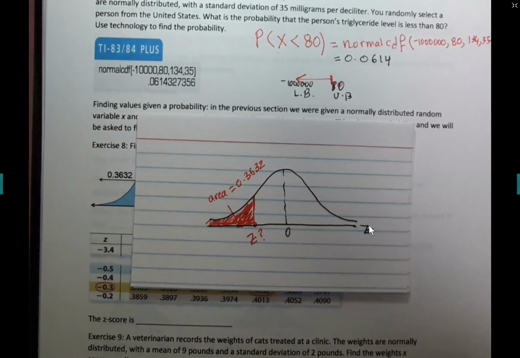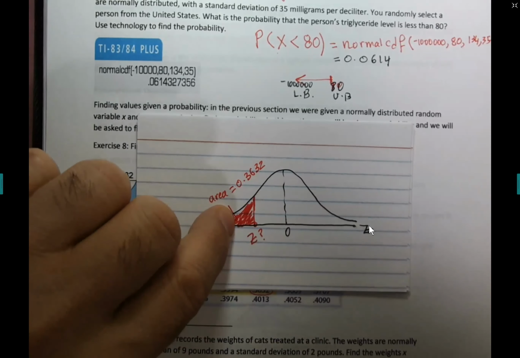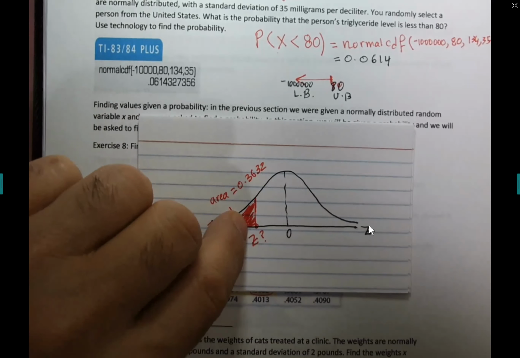So it's a total opposite of what we have done so far. What we have done so far, you have the Z score, and then you're asked to find the area to the left, the area to the right, the area in between Z equals negative 2.1 and Z equals 1.5. You just put it in the normal CDF, put the lower bound, upper bound, mean, and standard deviation, and then you get the answer. Now it's different. We're giving you the probability, the area, and we need to find the Z score.